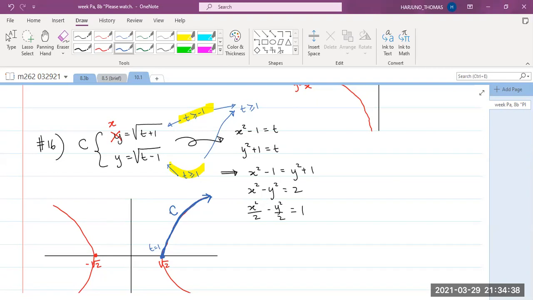But no, it's not true. It's only the blue part. That's for number 16.